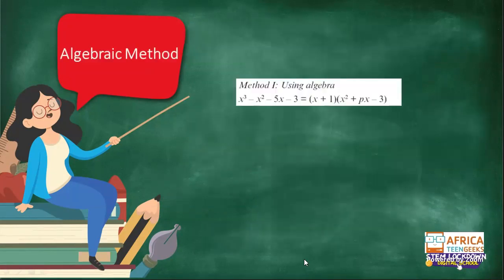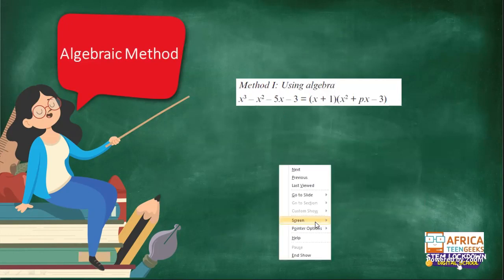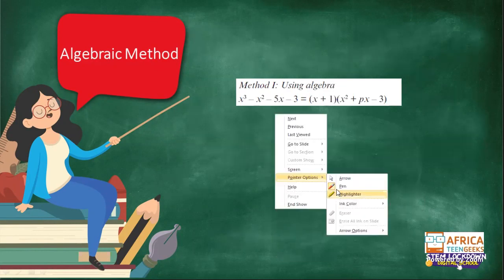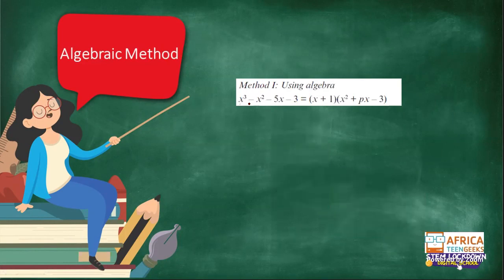If we're using the algebra method, it is simply by inspection. In some textbooks, they say using inspection. Like we said, if you have a cubic function, then you need to multiply a binomial by a trinomial to get your function.